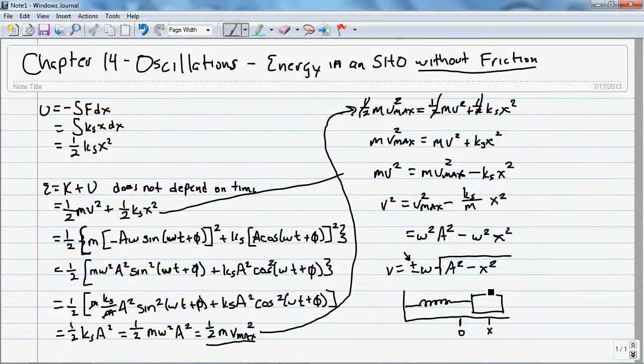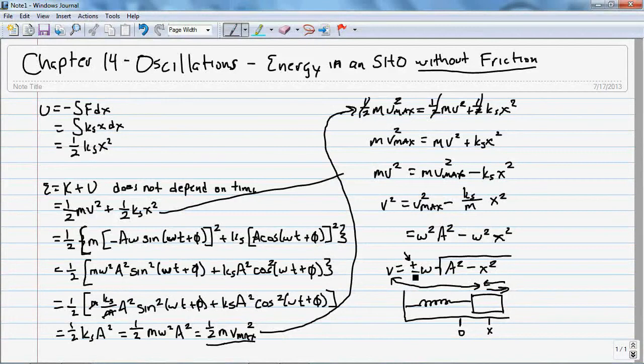And it means that I don't know whether the mass is going from left to right or right to left, and it doesn't matter because the velocity is going to be this value. Doesn't matter which way it's going. And that's what this formula tells you.